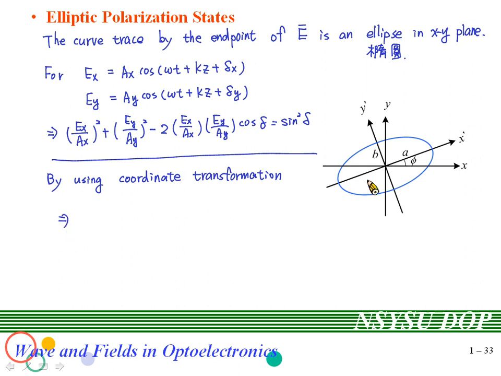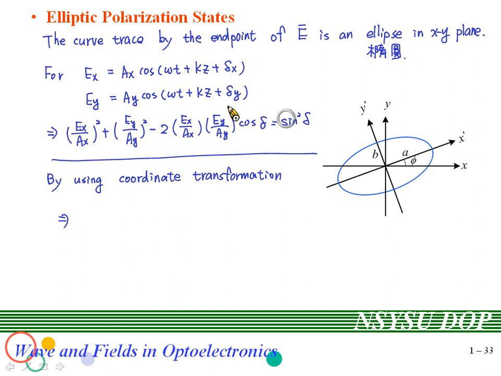We can rotate the xy coordinates to the x prime and y prime coordinates, that is, rotate the original axes by a phi angle shown here.